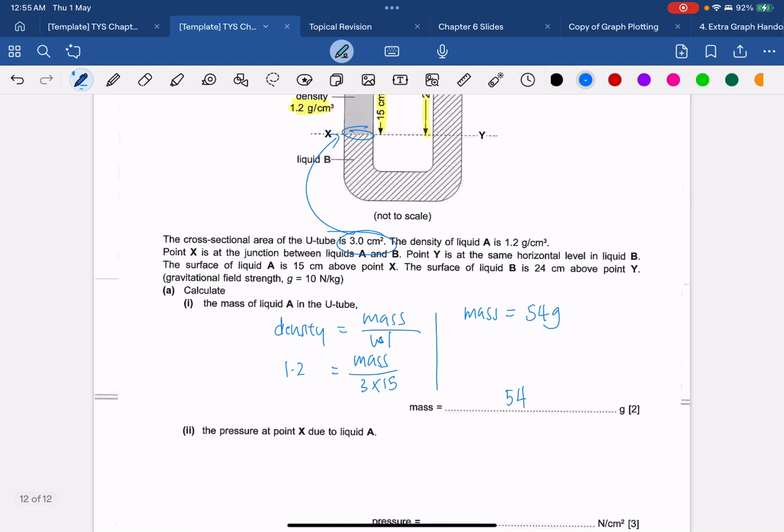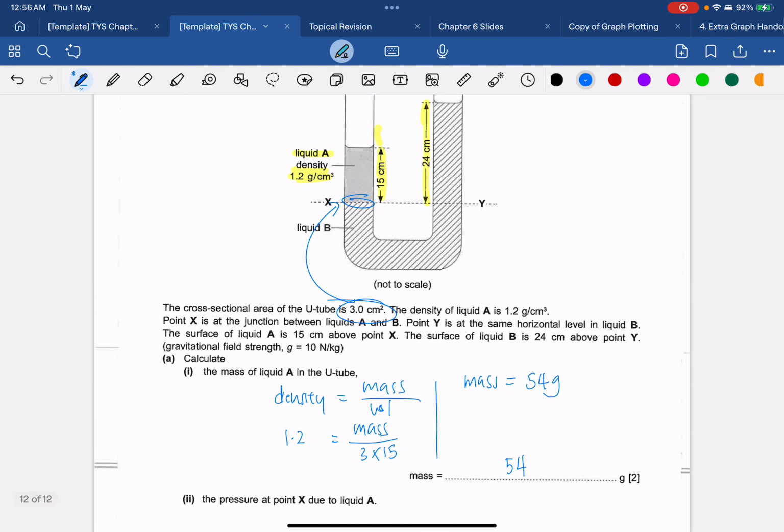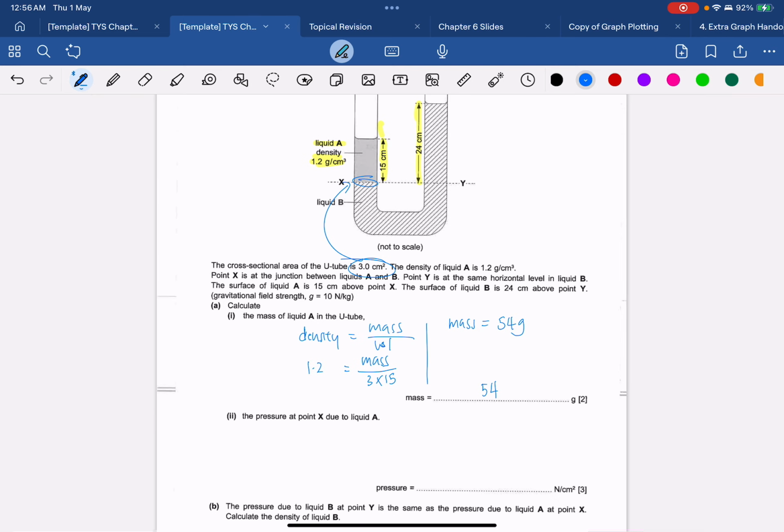Pressure at point X due to A. What is the pressure? Pressure is force over area. The force is the whole weight of it pressing down. So I must use 54, convert to kg, then times 10 to get the weight.